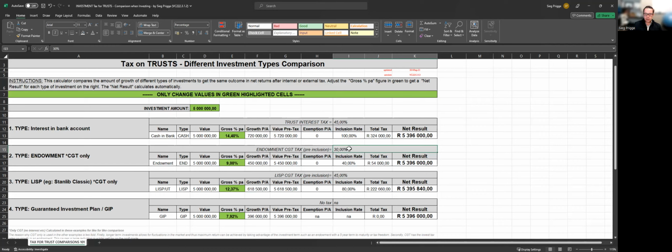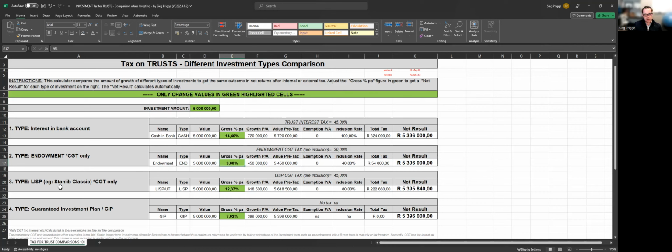Endowments have a lower tax rate than investing in the same trust but in a different investment type. Now, this 30% gets charged and paid by the provider of the product, and you don't have to declare this tax. Right, let's carry on. On the total 450,000 growth that you've received, a total tax bill of 54,000 gets deducted, and then there's 5,396,000, the total outcome. You can see it's very much the same as there, but at a lower growth rate.